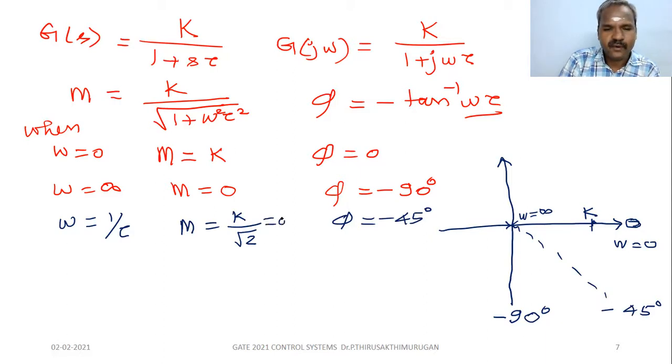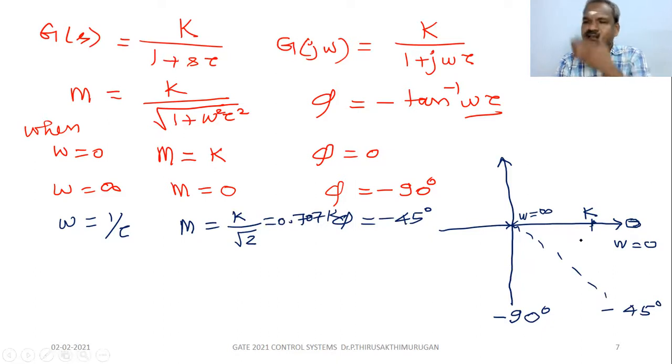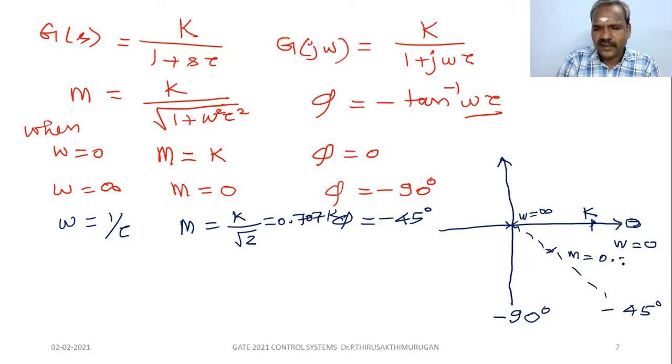So this is 0.707 times K, and it is like a semicircle. It approaches a magnitude of 0.707 times K with a phase angle of minus 45 degrees.